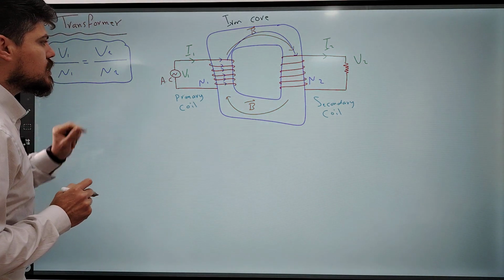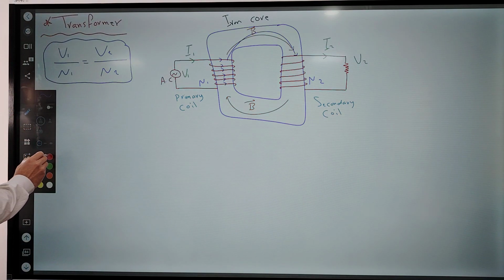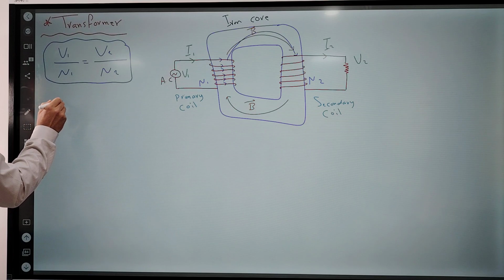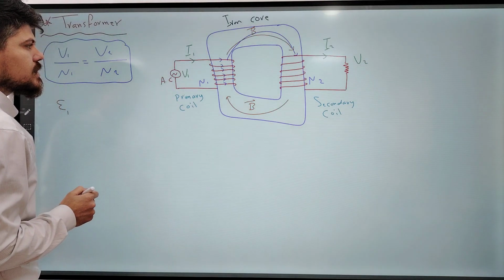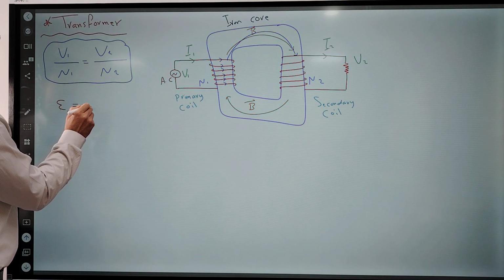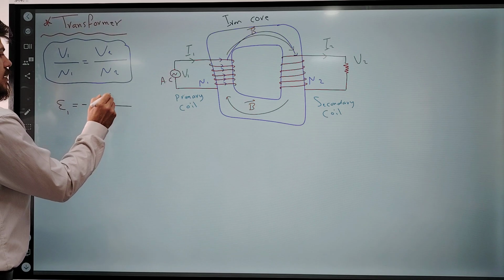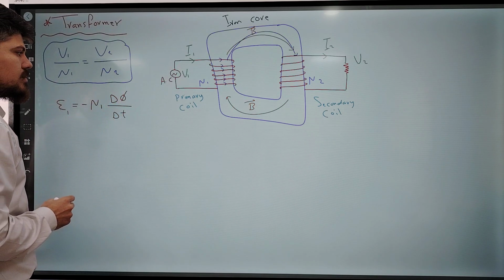So this equation comes from Faraday's equation. According to this equation, the potential difference across the input source is equal to negative N1 times change in flux per unit of time.